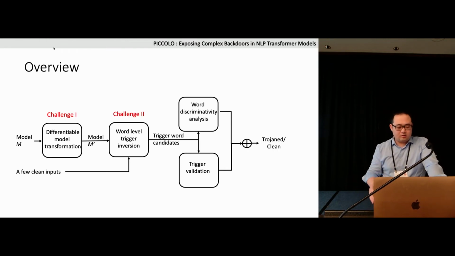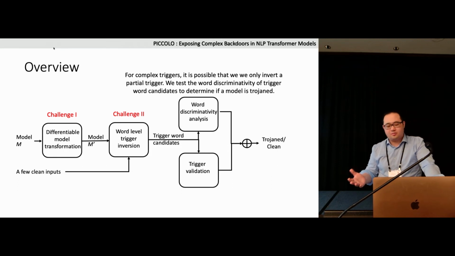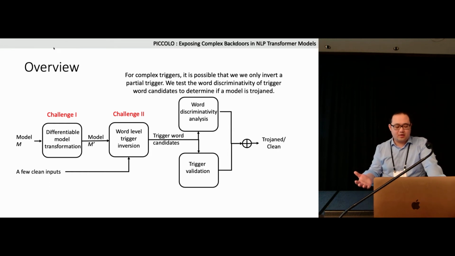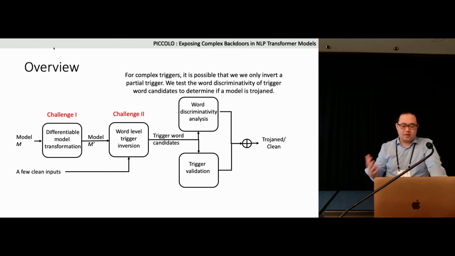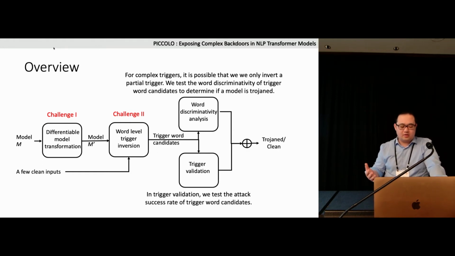The first two steps actually correspond to the two challenges I have talked about. And in the word discriminativity analysis, for complex words, it is possible that we only invert a partial trigger word and it doesn't have high ASR. So we test the word discriminativity of the trigger word candidates to determine if a model is trojaned. And for trigger validation, we simply test the attack success rate of the trigger word candidates and determine if the model is trojaned. Due to the time limit, I will elide the details of the last two parts.